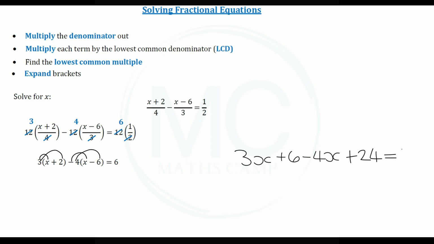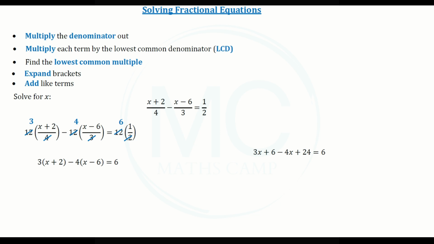And these are all equal to 6. Finally, we can add like terms. We have 3x minus 4x, which gives us negative x. 6 plus 24 is 30. And this is equal to 6.